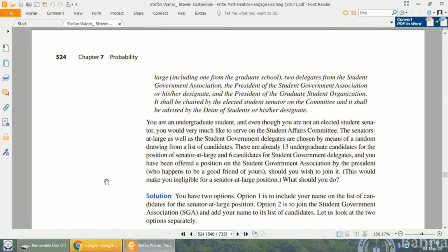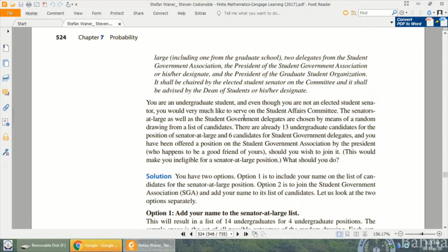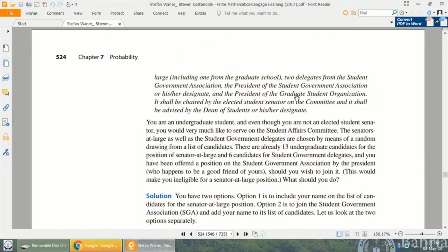Now let's just look at this committee where you have an option to include a candidate. Now like I told you that there's an association. So if you're given a question, okay, let me just read this out. You are an undergraduate student, even though you are not an elected student senator, you would very much like to serve.